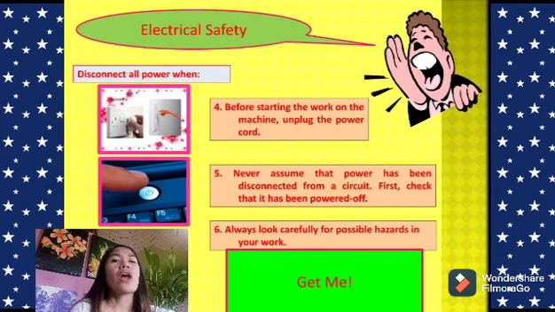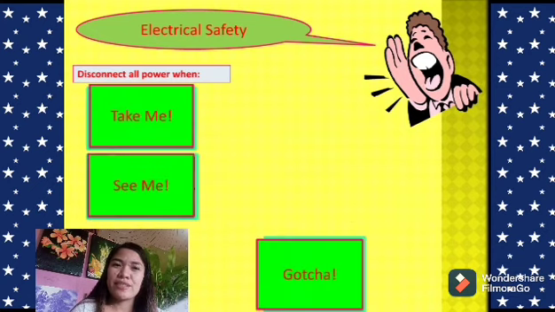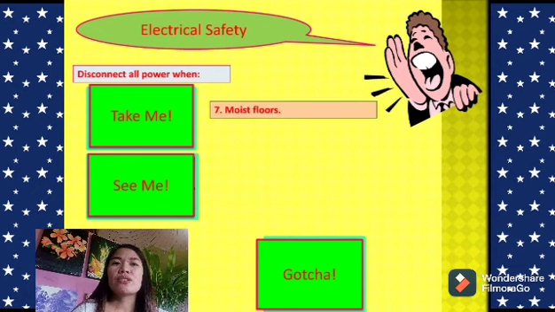Next, always look carefully for possible hazards in your work, so that we can prevent future accidents, because remember, an ounce of prevention is worth pounds of cure. Okay? Questions? Okay, none. So we will proceed to number 7, which is moist floors.